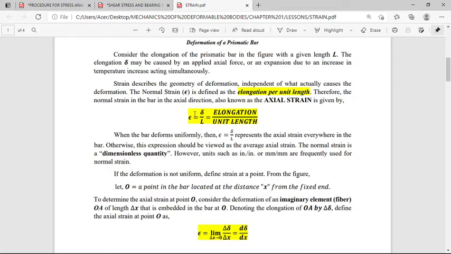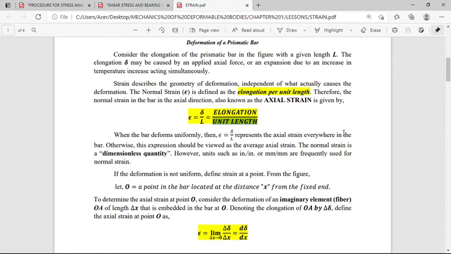So, halimbawa, ano daw yung hinaba niya per unit length? Yung unit length is measured also by a unit of length, obviously, like millimeter. So, kaya siya naging dimensionless quantity. Ibig sabihin lang ng strain, yung hinaba niya or iniksi niya per unit length.